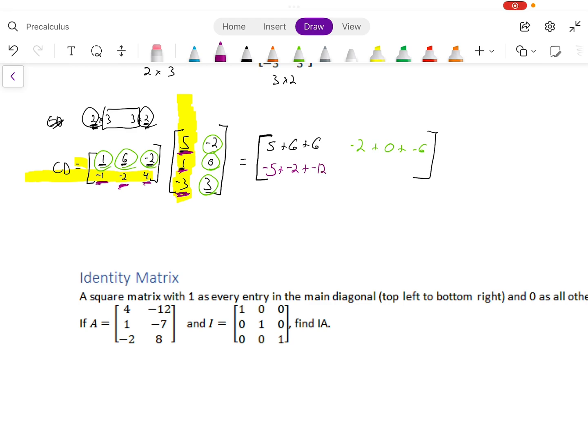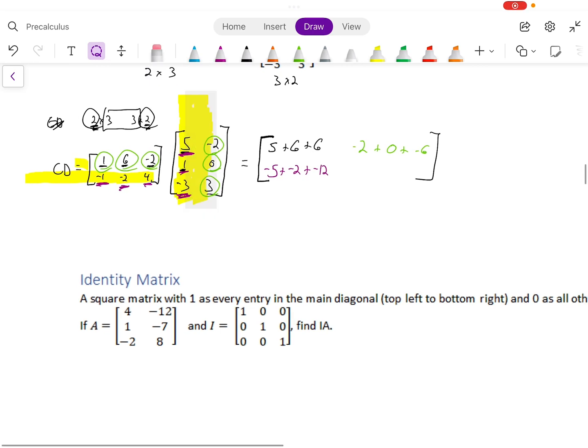And then lastly, we are going to do the second row with the second column. So it will be negative 1 times negative 2 is 2, plus negative 2 times 0 is 0, and lastly, plus 4 times 3 is 12, and now we can find all these sums.